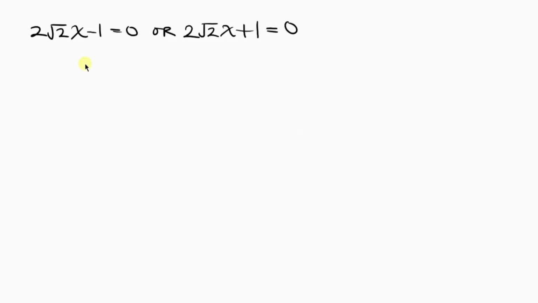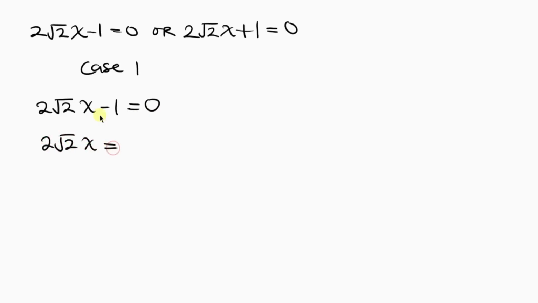So now from the first case, let's call this case 1. We have 2 root 2x minus 1 equal to 0. Now we're going to be moving negative 1 to the right hand side so that we have 2 root 2x to be equal to, as negative 1 crosses to the right, it becomes plus 1.